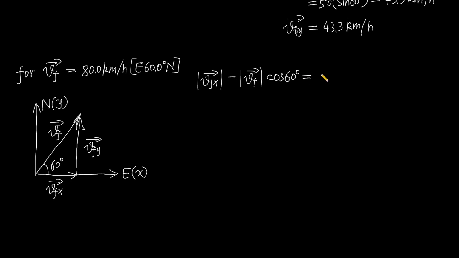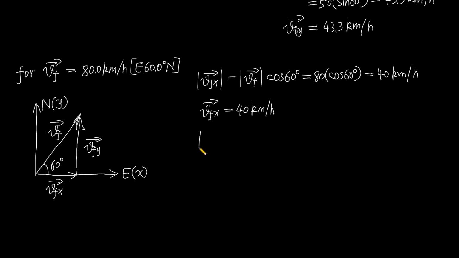And this equals 80 multiply cosine 60 degrees and equals 40 kilometers per hour. Now we know that the final velocity x just equals 40 kilometers per hour. It's positive because its direction is the positive x direction.